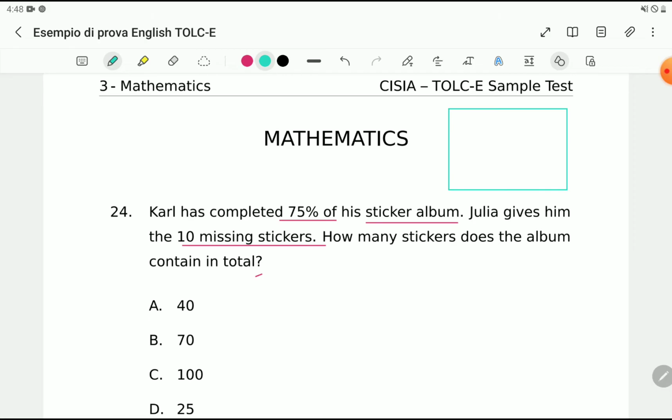For example, this is the sticker album. If we divide it into 4 pieces, 4 pages, for example, there are many sub pages or folders, we can say.